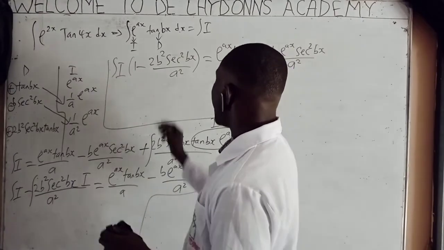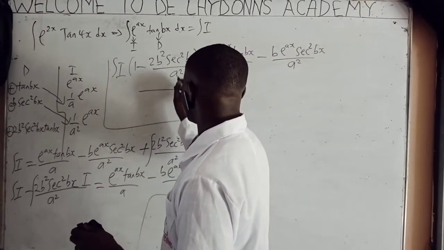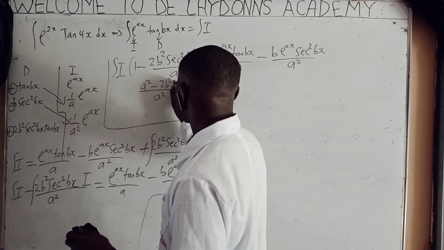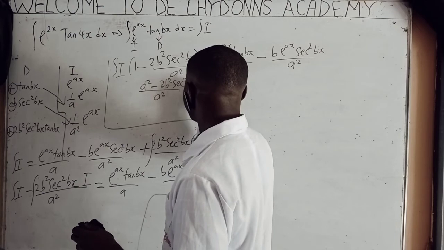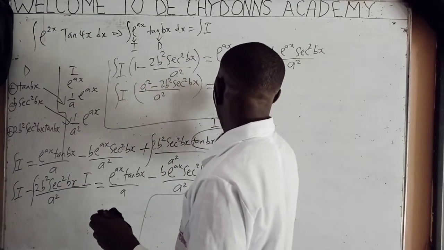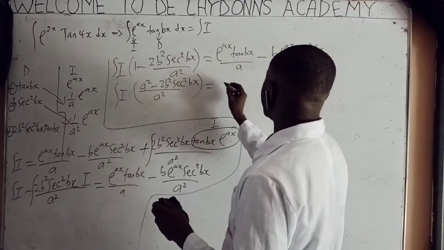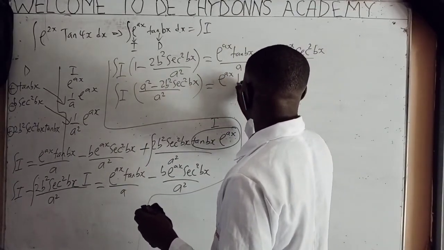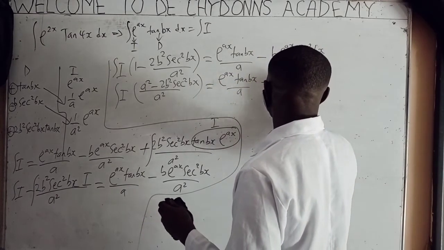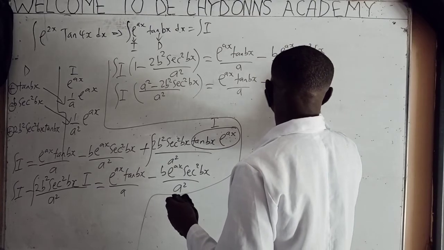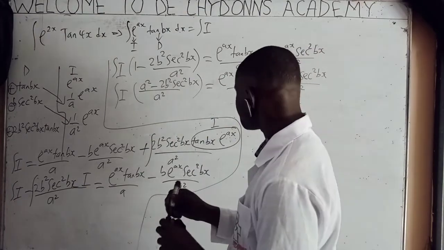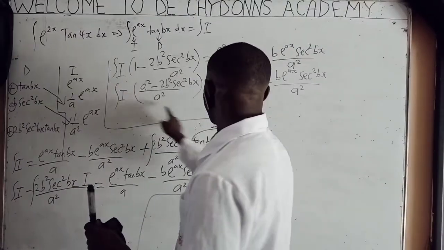Okay, then when you look for the LCM, here will be giving you a square minus 2b square sec square bx, then bracket integration I equals this again. Then carry this to the other side.